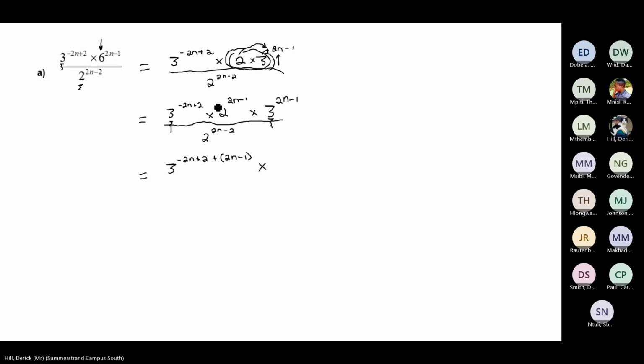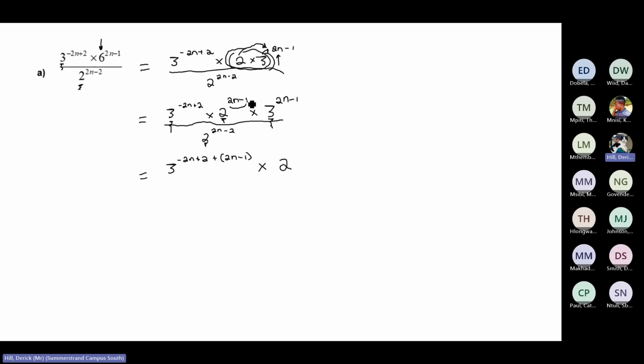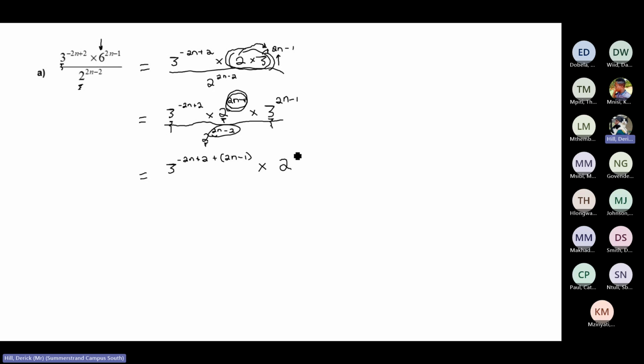Furthermore, I have the same base here and here, but I'm not multiplying now, I am dividing, which means that I can subtract. So I will subtract this exponent from this exponent. So that means I've got my 2n minus 1 minus my 2n minus 2.